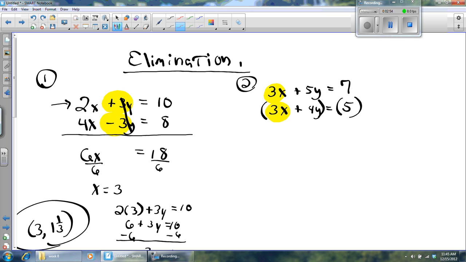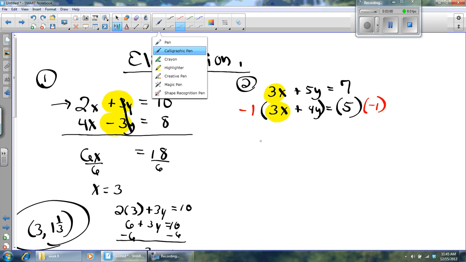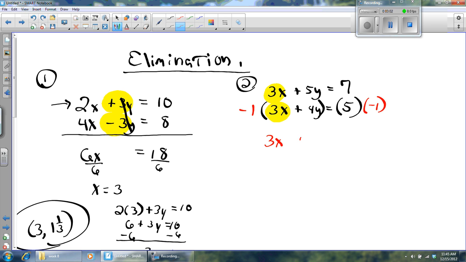So now my top equation remains 3x plus 5y equals 7. But after I multiply by -1 on the bottom equation, I get -3x minus 4y equals -5. And again, it looks like it's easier, just be careful. Those will cancel. I add together and get y equals 2.